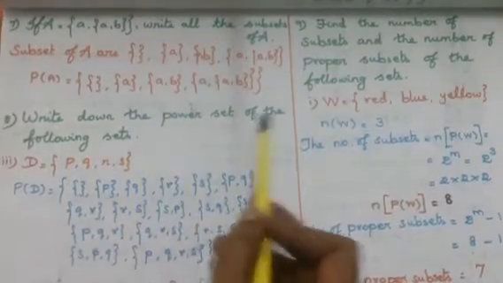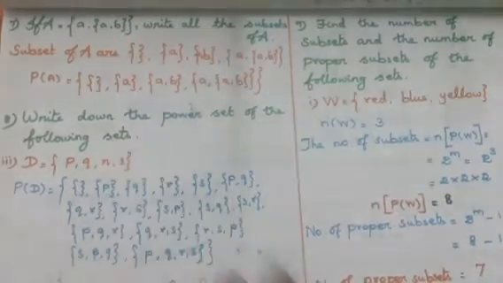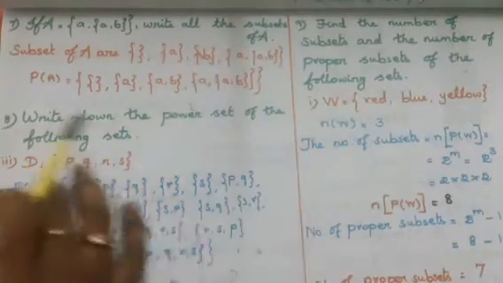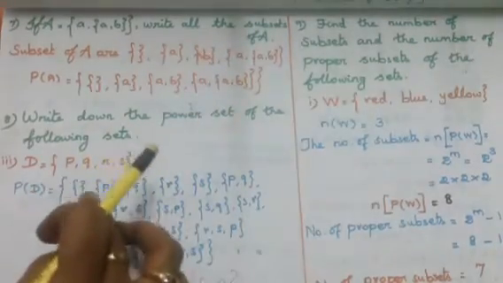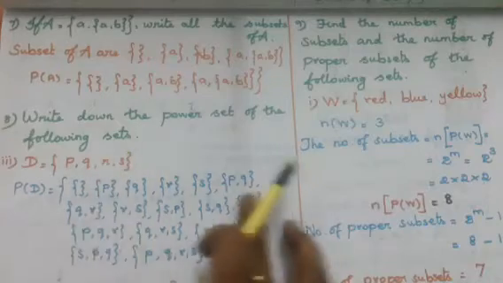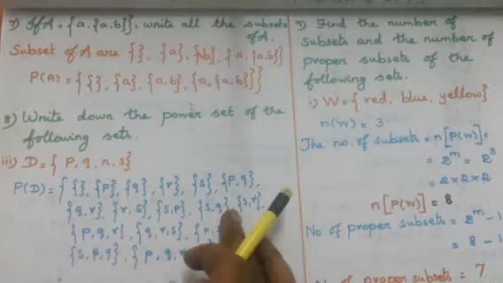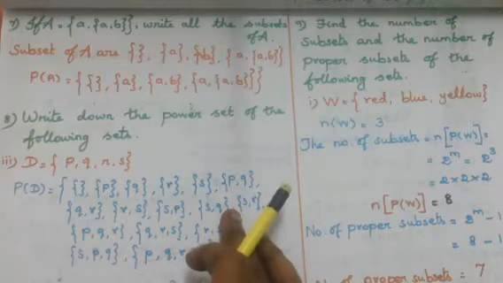Write down the power set of the following sets. Write down the power set means we write all the subsets. So power set means first the empty set, then all the singleton sets, next we write the double element sets, after that triple element sets.